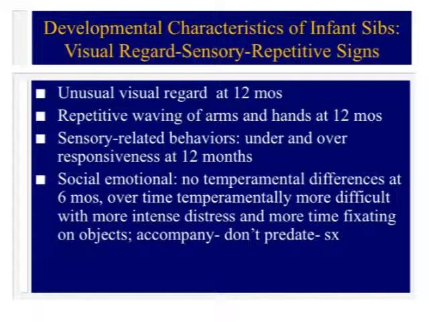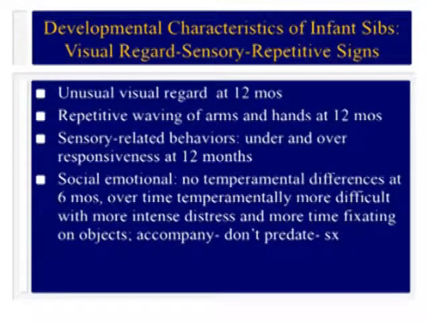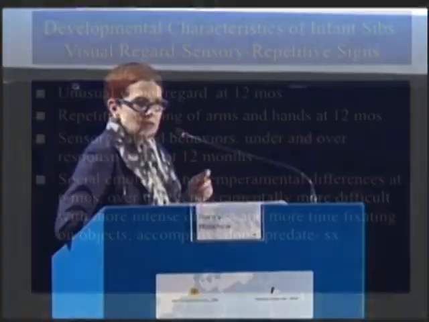By 12 months, these studies were able to detect differences in sensory responsivity, under-overreactivity to sensory stimuli, unusual quality to the motor movements, and unusual visual regard, meaning what was it that interested the children. As our first speaker said, the children with autism would tell you how many lights there are in this room, but not necessarily know much about what I'm talking about.